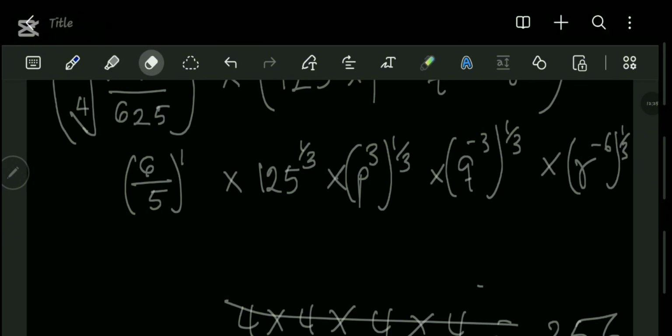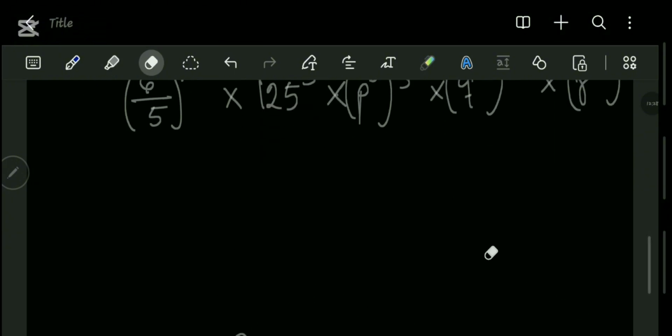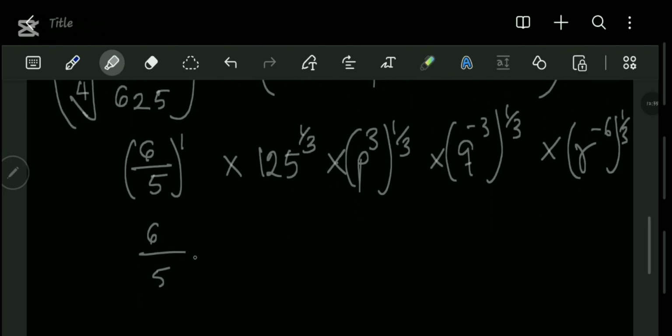So from here, remember we are asked to simplify the problem. So 6 to power 1 is 6, and 5 to power 1 is as well 5. Multiplied by, remember we said when a number is raised to a fraction, we take the root of the number.